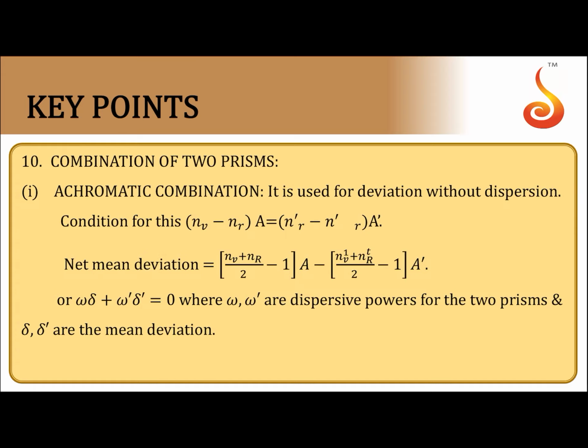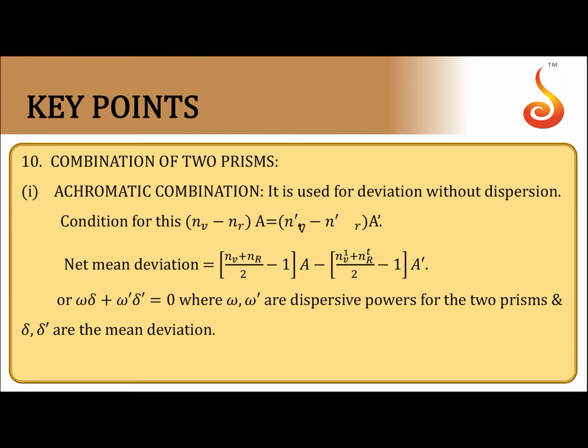Combination of two prisms, achromatic combination: in this situation the refracting angles of the prisms will be oppositely placed, and condition for no deviation is (mu v minus mu r) into A is equal to (mu v dash minus mu r dash) into A dash, and net mean deviation we can write like this: (mu y minus 1) A omega... that is, omega delta plus omega dash delta dash is equal to 0.